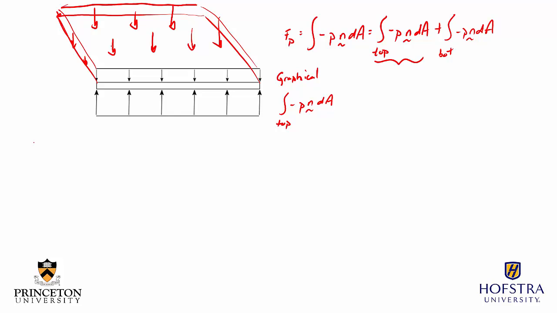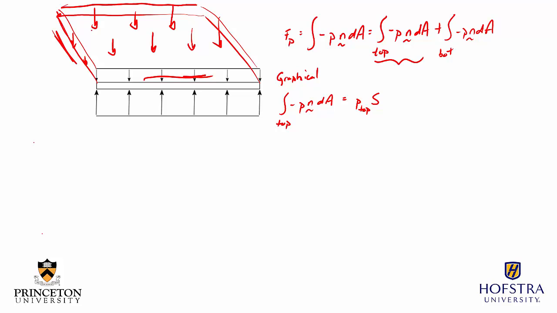And so if I want to find the area under that surface, that's just equal to the base dimension, this times this, which is just the surface of the wing, which we called S, multiplied by the height. The height is just the pressure on the top surface, which is a constant. So that's just P on the top.